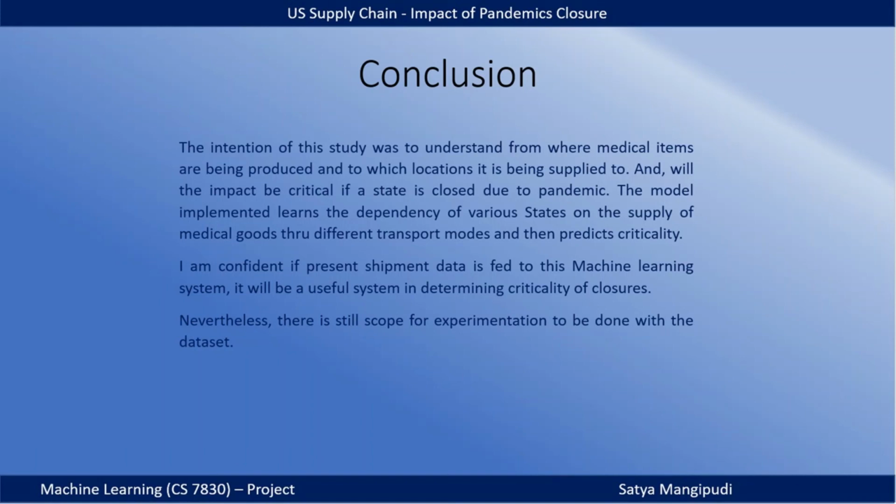I'm confident that if present shipment data is fed to this machine learning system, it will be a useful system in determining criticality of closures. Nevertheless, there is still scope for experimentation with the dataset. On top of that, this project has provided me the opportunity to learn hands-on with practical data.